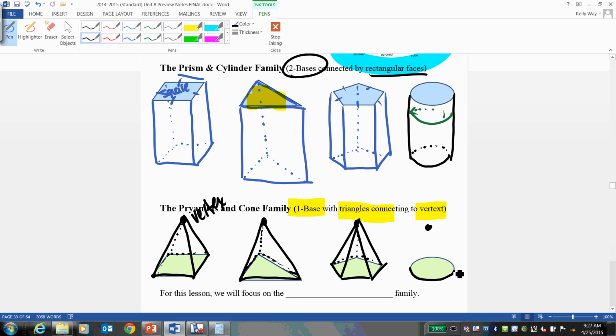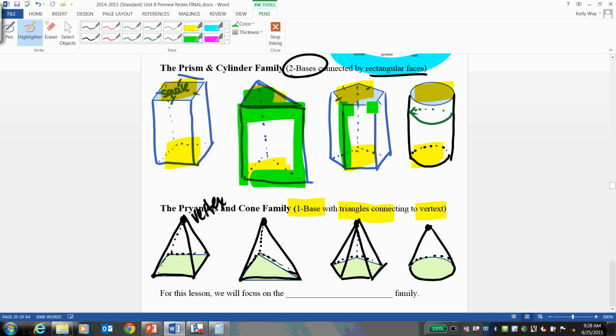And a cone, it's solid. You dot the back because technically you can't see it. And then you have your edges. So again, let me clarify the difference. In prisms, you're going to have two bases connected by rectangular faces. Did you see the rectangles?